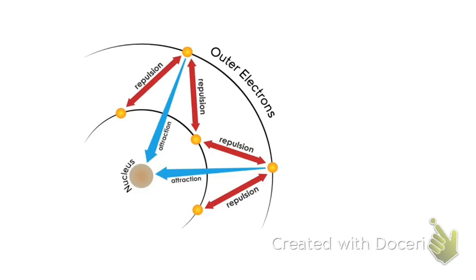If we remove the core electrons, the shielding effect goes away, and the nucleus is now able to hold on to those valence electrons with a tighter grip. I hope you understand that. So with the shielding effect, the effective nuclear charge is really the force of attraction between the nucleus and the valence electron shell.